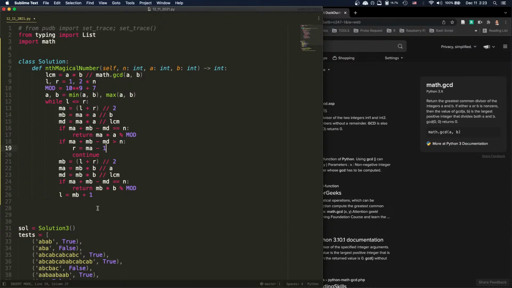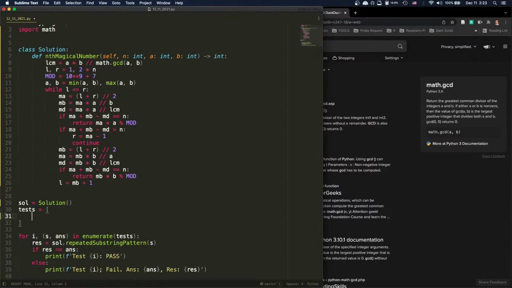Otherwise, I have to write something down here, like L equal to R. All right, when L equals R, then we can, but I don't know if it's this one or this one. So yeah, let's try this. Oh, I have a bunch of test cases. I have A, B is 2, 3, right? And N, we can go from 1.